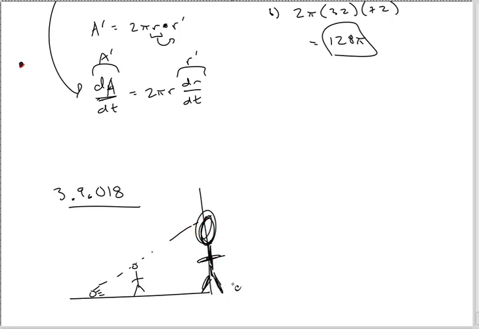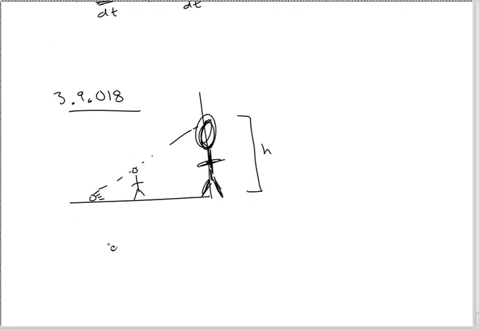The height of the shadow is h, and the distance he is from the light is 12 minus x, because at this particular x value, they're going to say that we have x equal to 4.